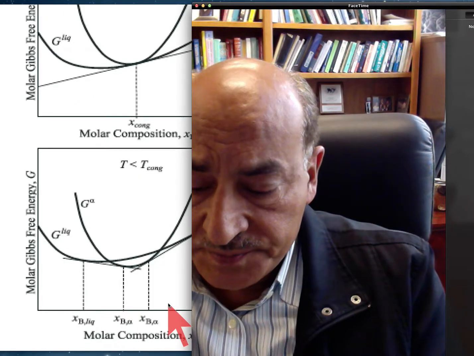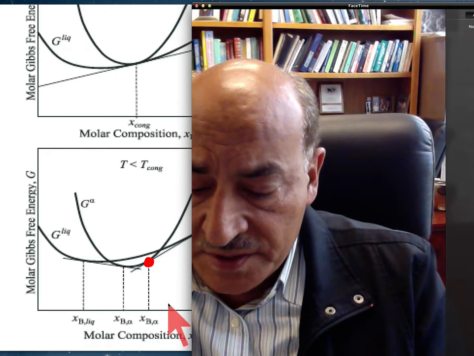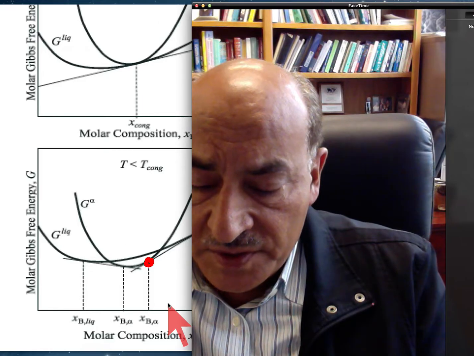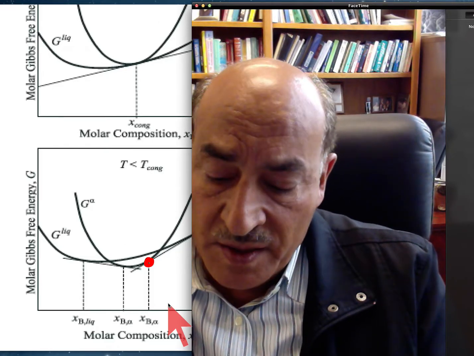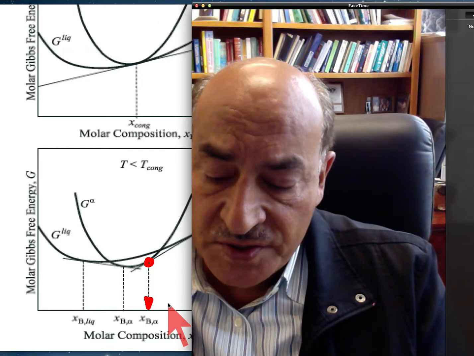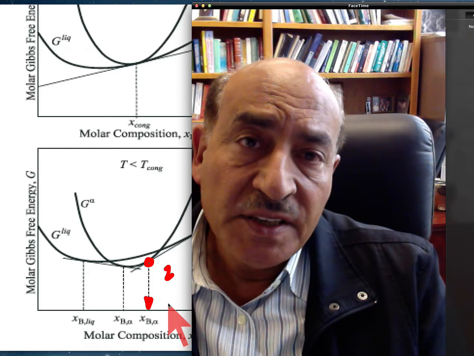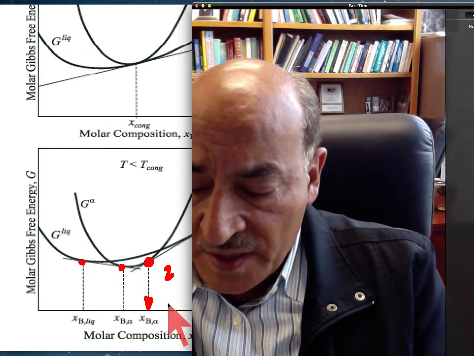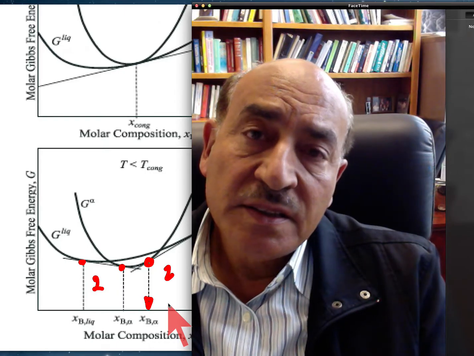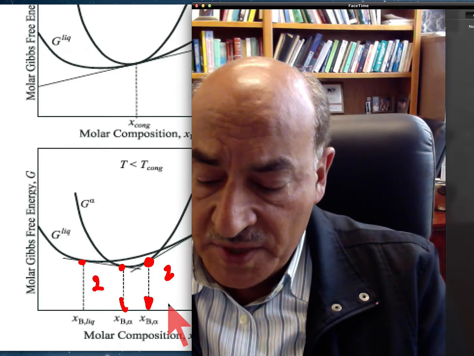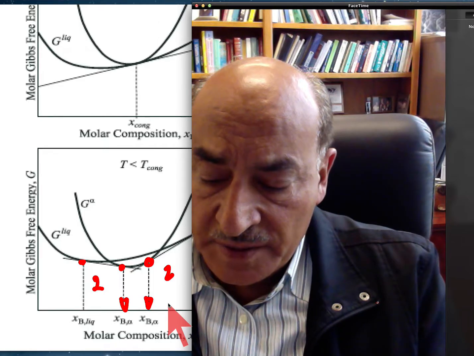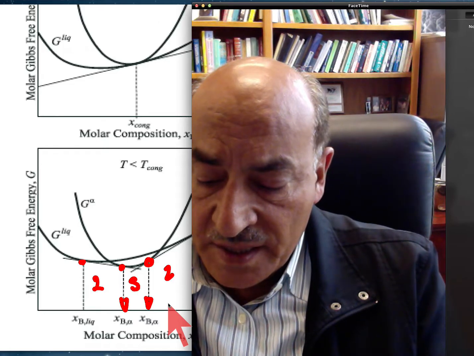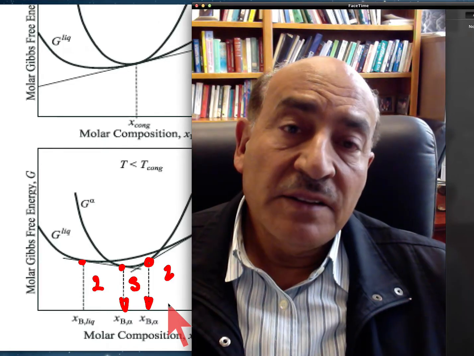On this tangent, I will have a region that has liquid with this composition, and solid with this composition. So this is a two-phase region, liquid and solid. On the other side, I also have a two-phase region. But look at the middle, between the two regimes: I will have essentially a solid, a single phase, the alpha phase.